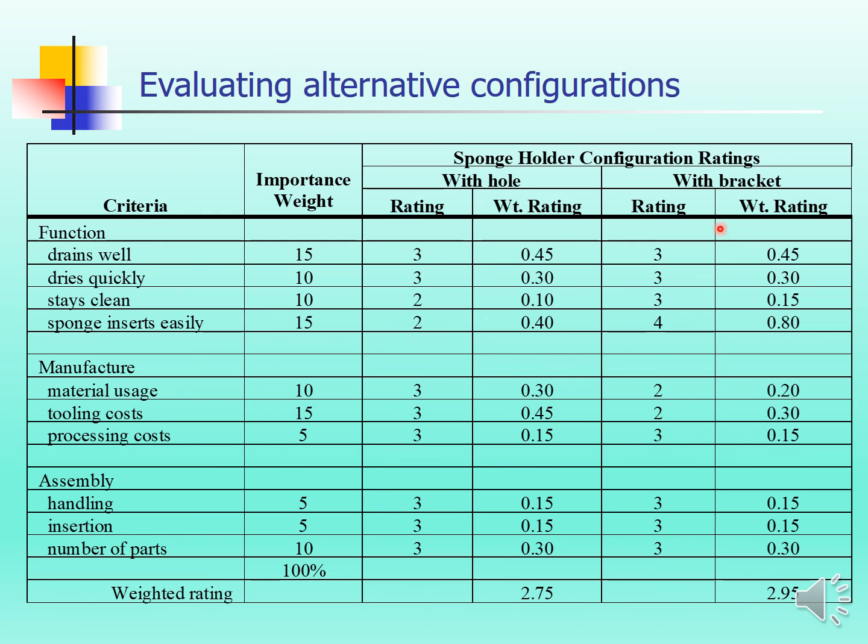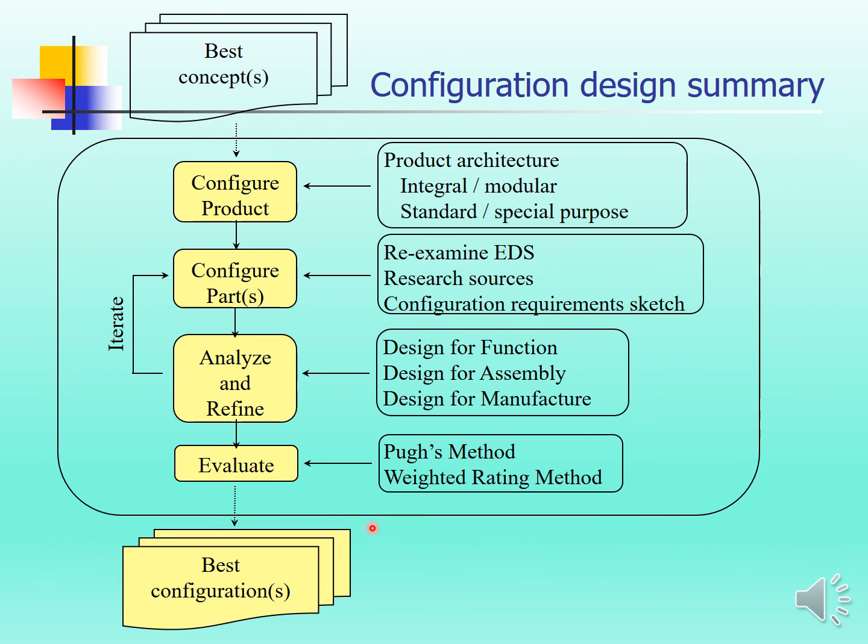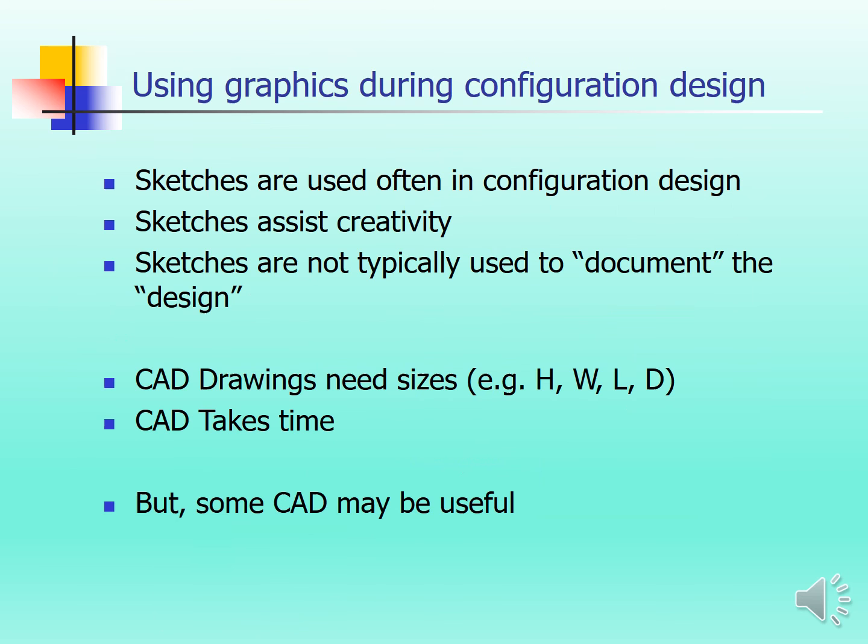We get the bracket with the highest weighted rating of 2.95, and then we choose this configuration for our design. Then we get the best configuration, and the sketch.